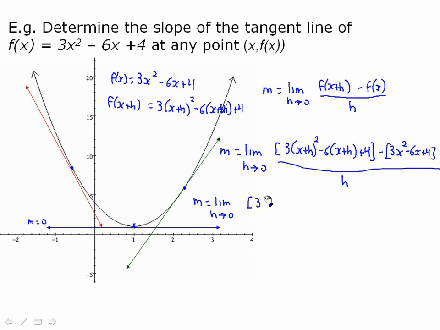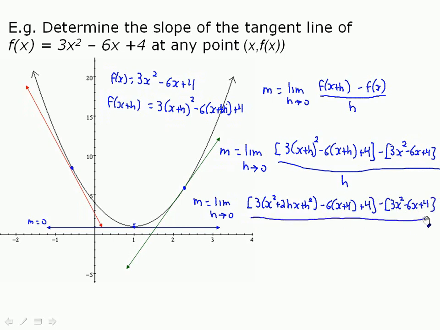I'll do this in a couple of steps. x plus h squared is x squared plus 2hx plus h squared, all that multiplied by 3, so keep that bracket up, minus 6 bracket x plus h, plus 4, and then minus that polynomial again, 3x squared minus 6x plus 4. And then all over top of h.